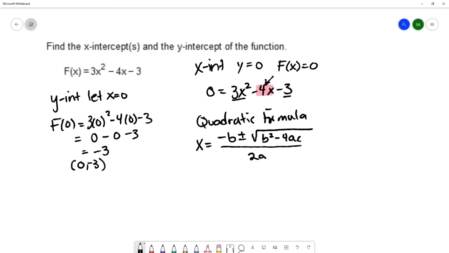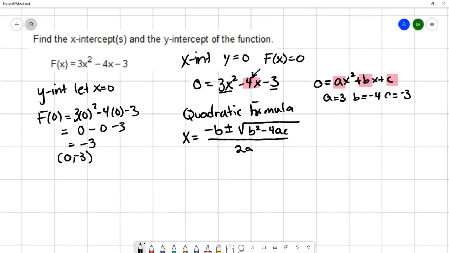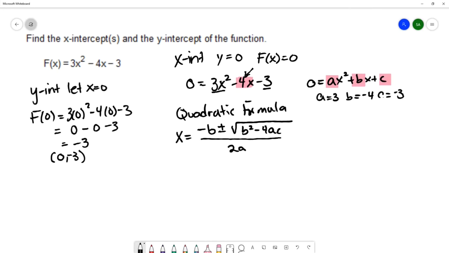And the a, b, and c that you see in the formula, if we have our quadratic equation, it's going to be ax squared plus bx plus c. The a is always attached to the square term, the coefficient of the square term. The b is always the coefficient of the x term, and the c is always the constant. So in our example, a is 3, b is negative 4, and c is negative 3.